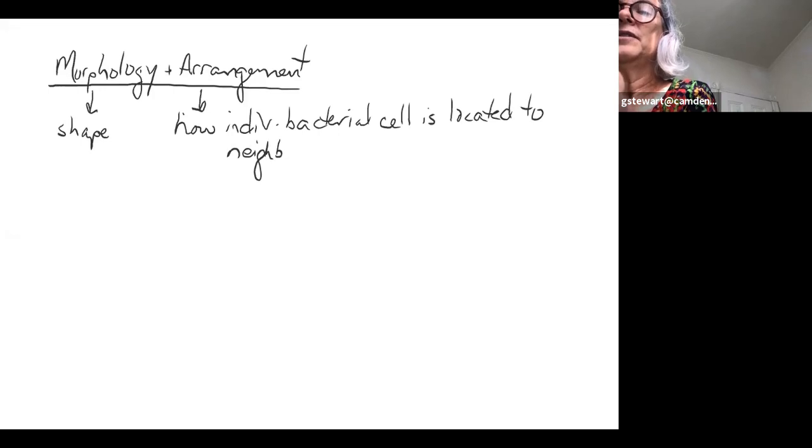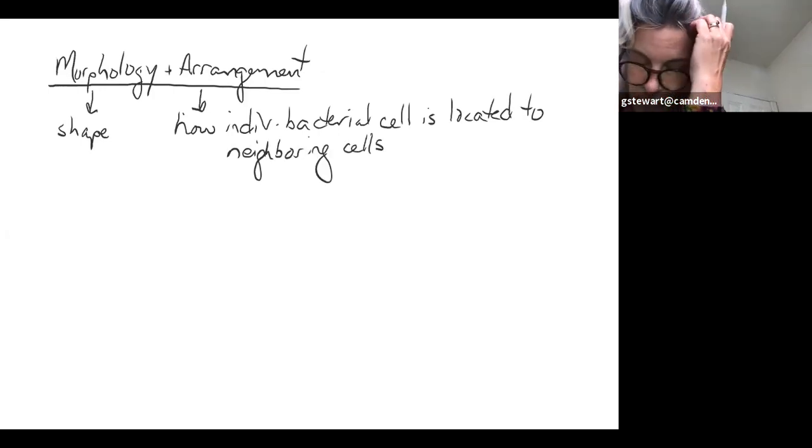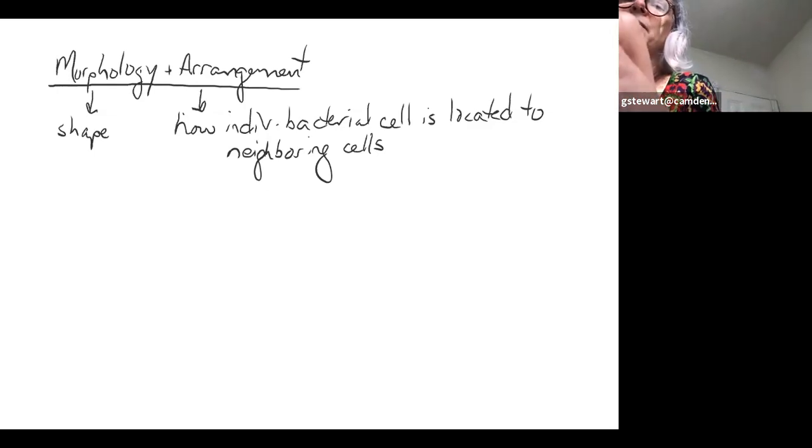And what's different in some ways about bacteria than in eukaryotes. I know in eukaryotes you think about cells being in tissues, and those would be their neighbors, right? And there are things like if you're taking AMP, right? There's different tissue arrangements. If the cells are in a column, we call them palisade cells, right?